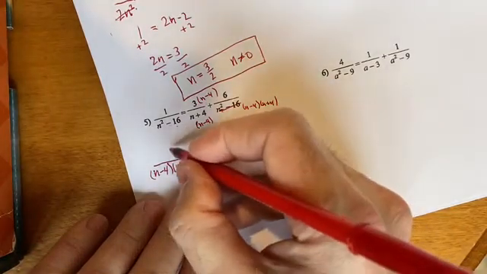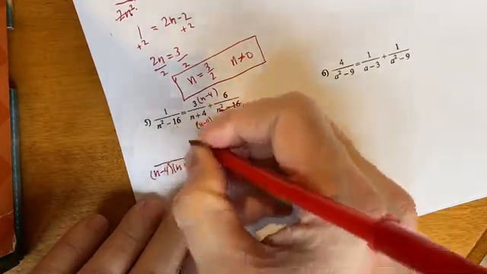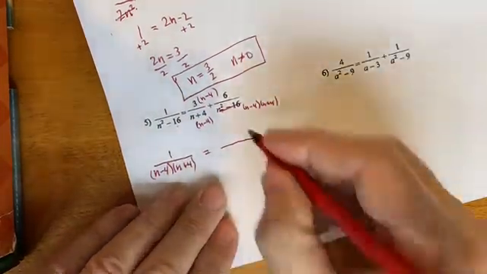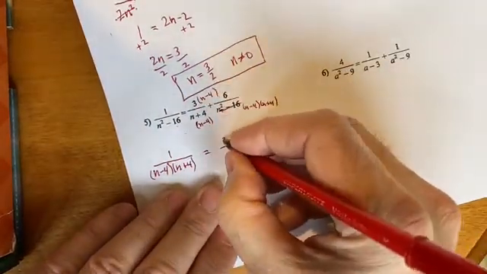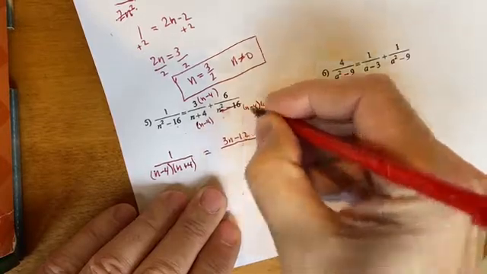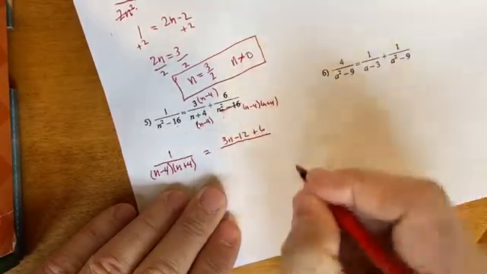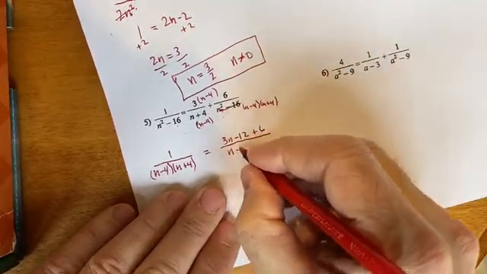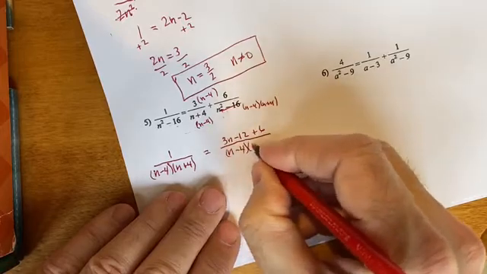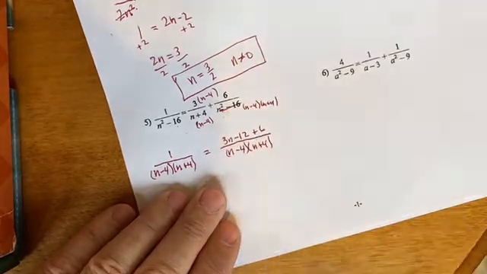So this we already have as n minus 4, n plus 4, so it's 1. This is 3n minus 12 plus 6. And this is n minus 4 times n plus 4.